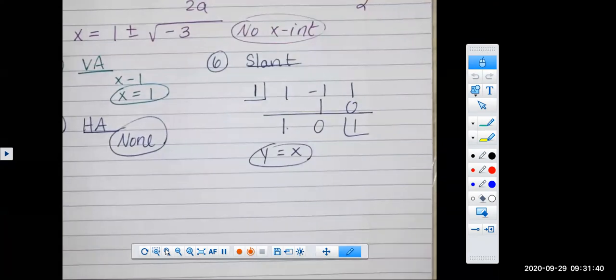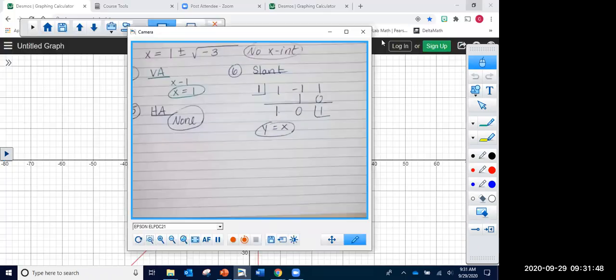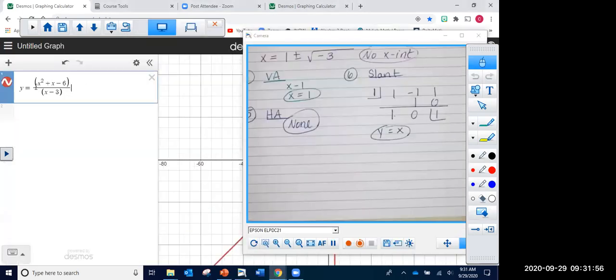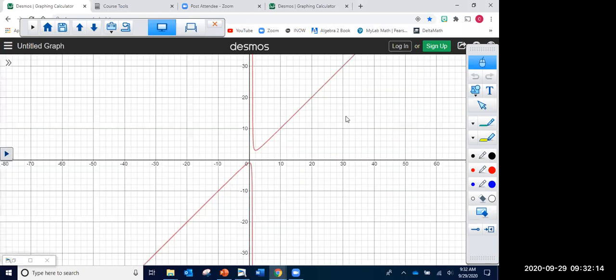Okay, step 7 is to graph it. So when you graph it in Desmos, we said that there should be a slant asymptote at y equals x.